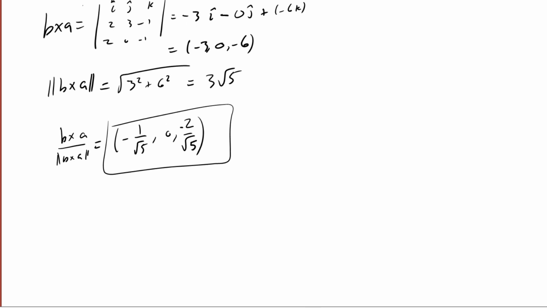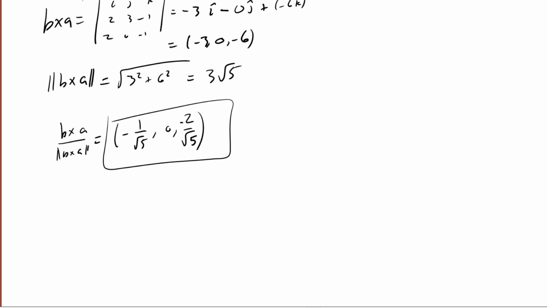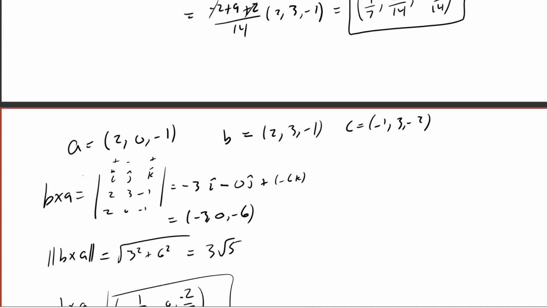Okay, determine the volume of the parallelepiped with A, B, and C as its sides. So that's going to be A dot B cross C, or even C dot B cross A will also work. And this is great because we already know what B cross A is, right? It's minus 3, 0, minus 6.